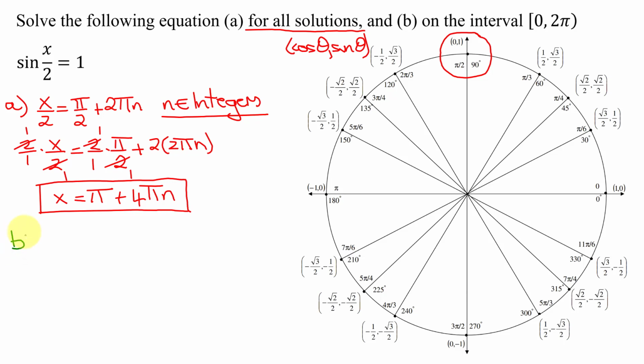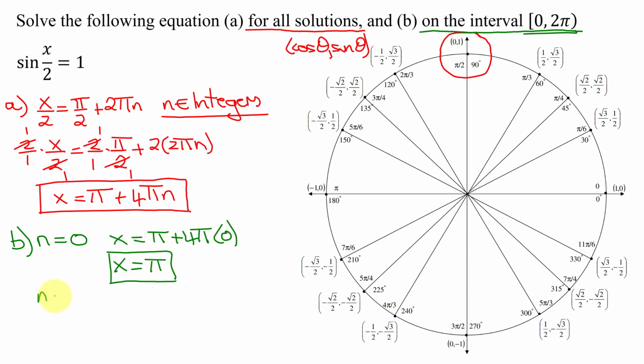Now in part B, I need to just find the solutions between 0 and 2 pi. So all I have to do is take this equation, plug n equals 0 into it. When n equals 0, x equals pi plus 4 pi times 0, which is 0, so I get x equals pi.